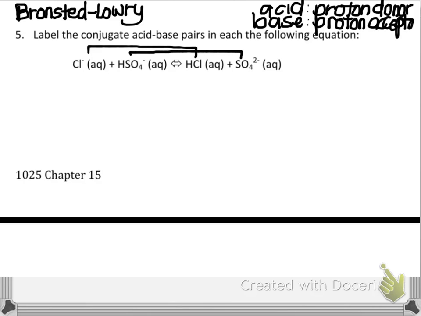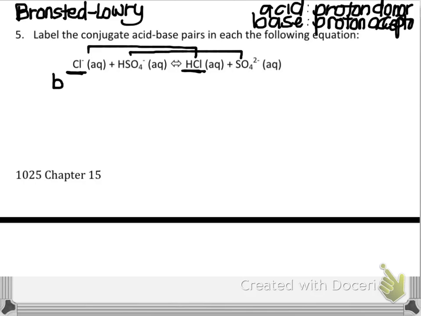Right, so I look and I see the only thing that should be changing in these reactions is the movement of a hydrogen H+ from one reactant to another. So I see that if I look at my chlorine here, I compare it here, and I see that it added or accepted an H, because it did not have an H on the reactant side, and now it does on the product side.